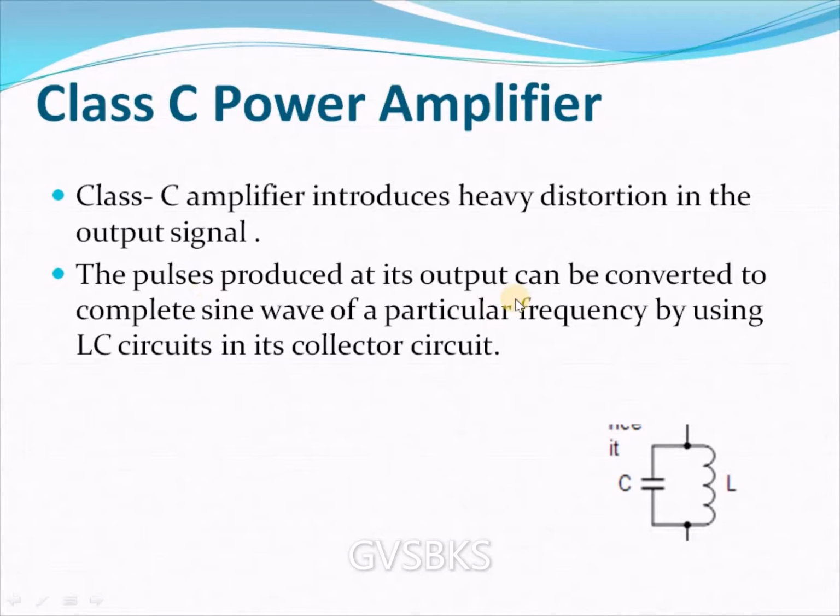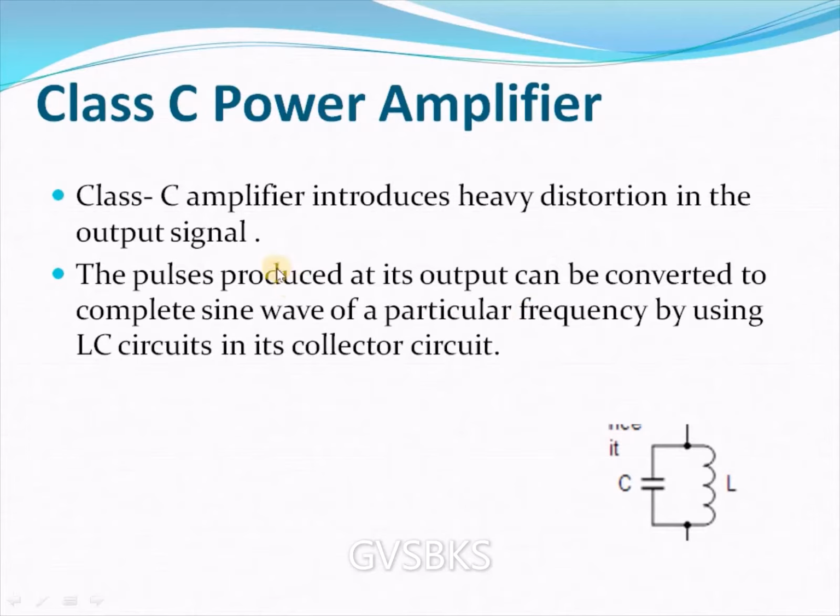The output can be converted to a complete sine wave of a particular frequency by using LC circuits in the collector circuit. This LC parallel resonance tuned circuit converts these pulse signals into a sinusoidal signal of the particular frequency.